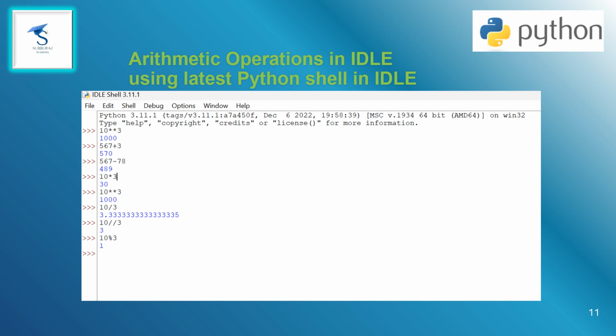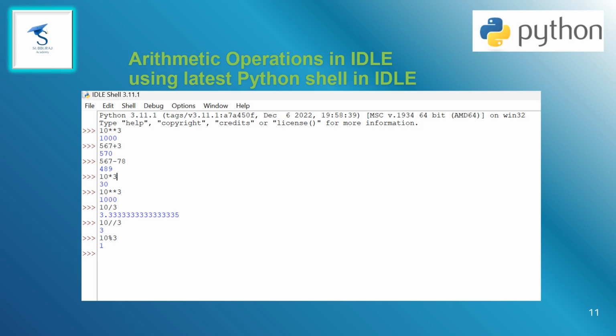That's integer division. 10 double slash 3 means it will divide 10 by 3, you will get 3 point something, and the point 3 will be omitted. So when you use double slash, you get integer division. When you use single slash, you get float division. So both divisions are possible in Python.